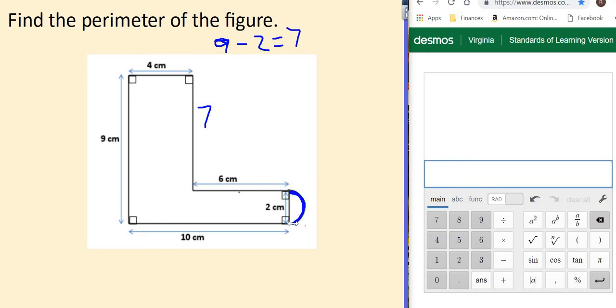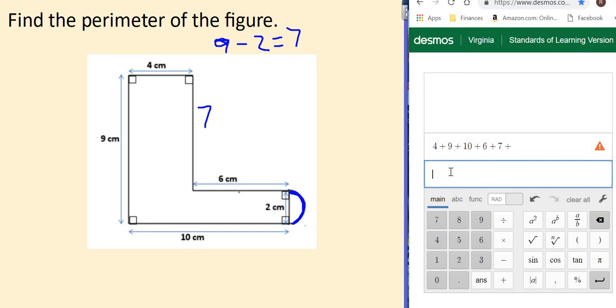So we need the circumference of that semicircle. So the first thing I'm going to do is put all my numbers in. 4 plus 9 plus 10 plus 6 plus 7. Then I'm going to save that last spot for the circumference.